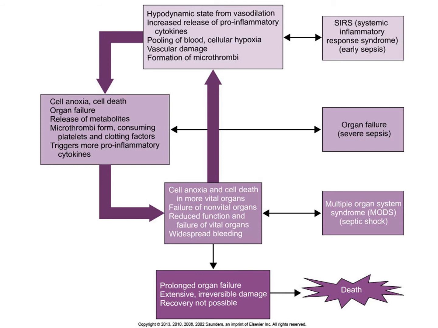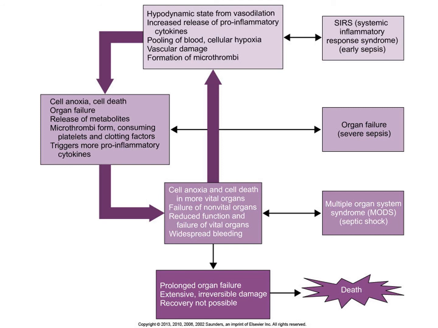With this organ failure, that also releases or triggers pro-inflammatory cytokines, and that worsens the SIRS, or the systemic inflammatory response syndrome. Cell anoxia leads to cell death, and this leads to cell death in vital organs and non-vital organs.